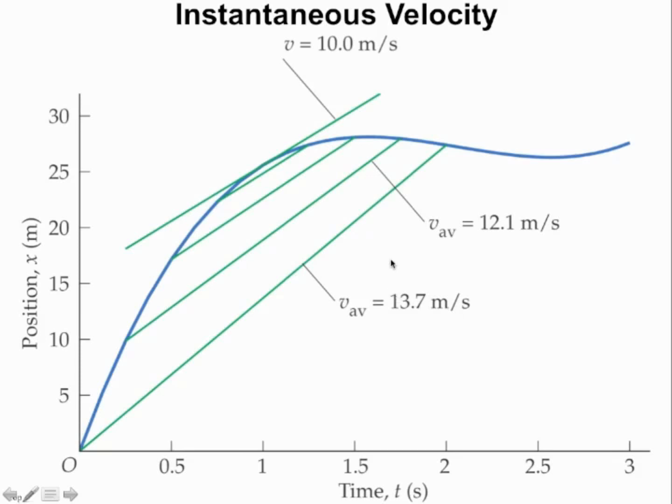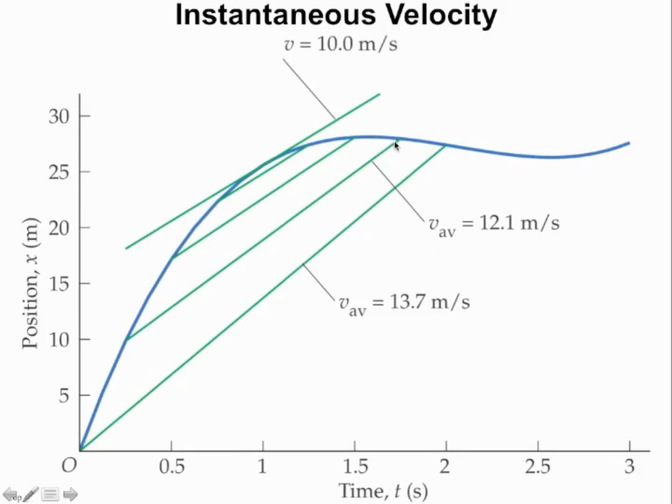You can just prove it to yourself. If you look at this line here, which I'm tracing with the mouse arrow, you can see that it corresponds to about 27 or 27.5. And so we have a rise of 27.5 and a run of 2 seconds. Do that on your calculator and you'll get something close to 13.7 meters per second.